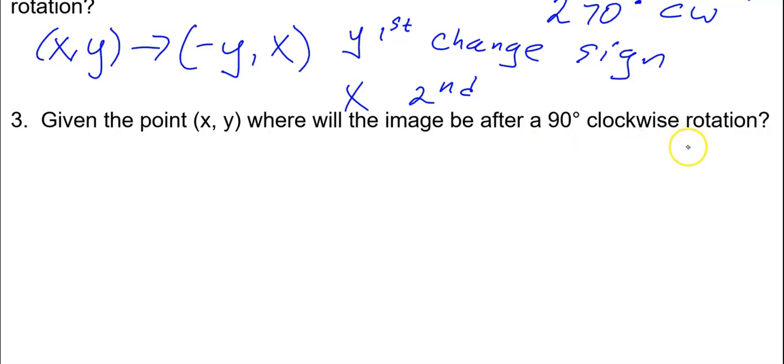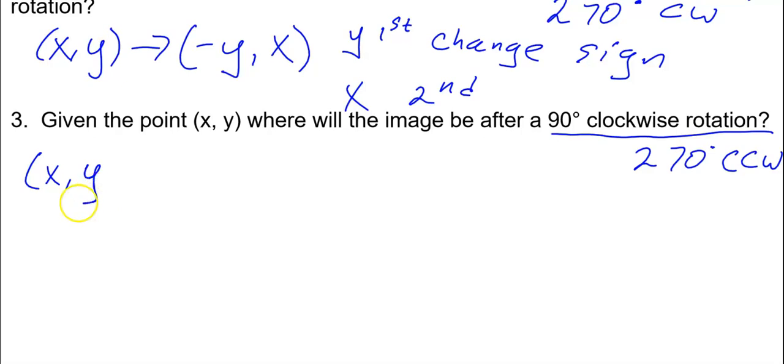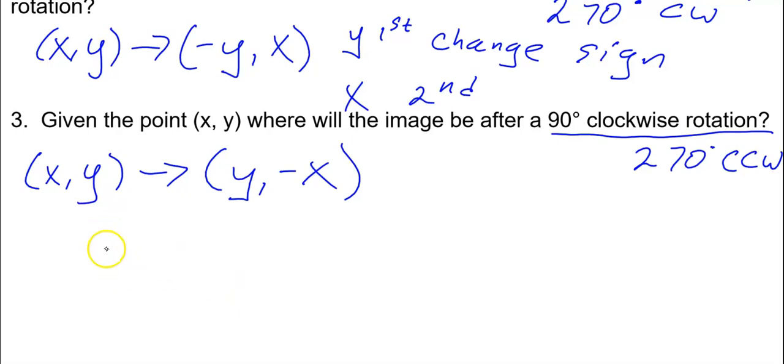All right, let's do a 90 degrees clockwise rotation. That could be the same as 270 degrees counterclockwise, because clockwise and counterclockwise tell me which way to go. We're going to start at any point. (x, y) just means start at any point. And the rule says if we're going 90 degrees clockwise, (x, y) becomes (y, negative x).